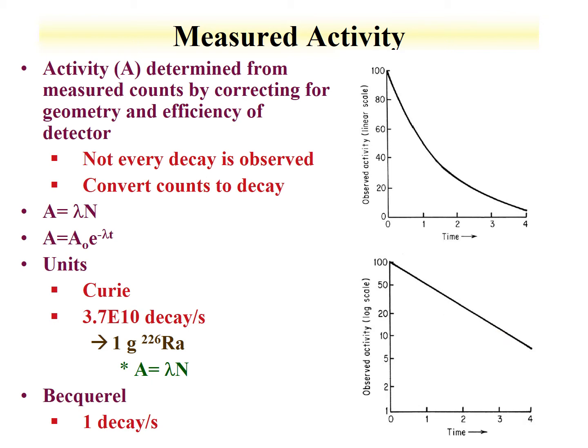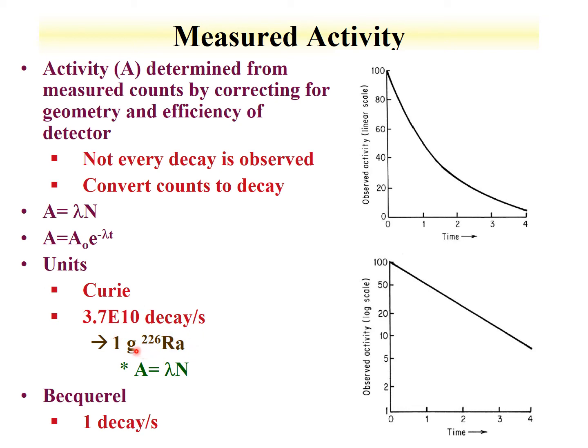And the units for activity, I already mentioned becquerel, 1 decay per second. Another unit is the Curie, which is 3.7 times 10 to the 10th decays per second. This is based upon 1 gram of radium-226.